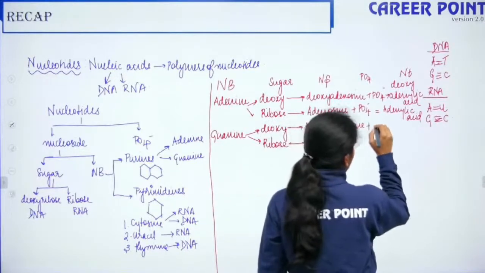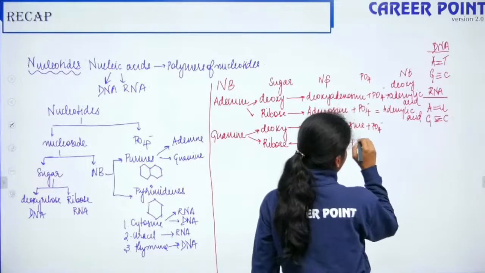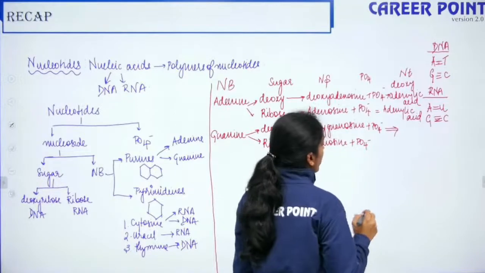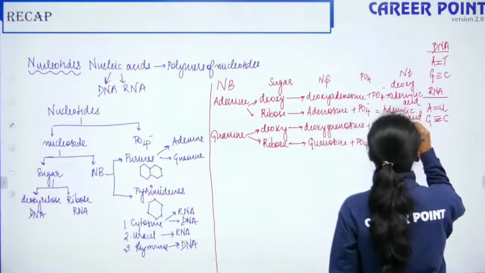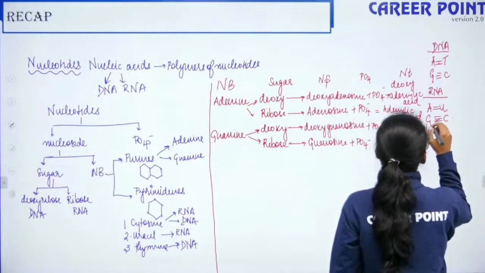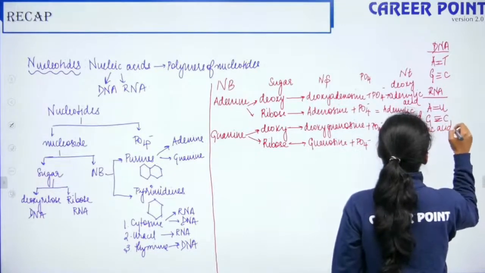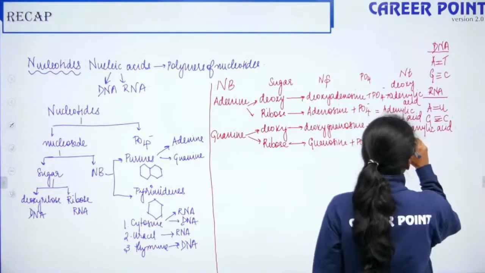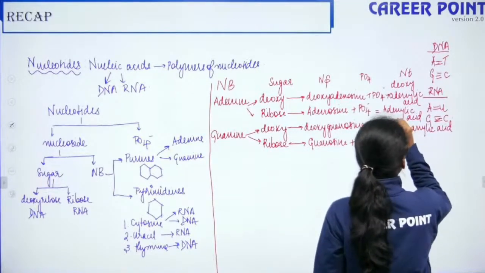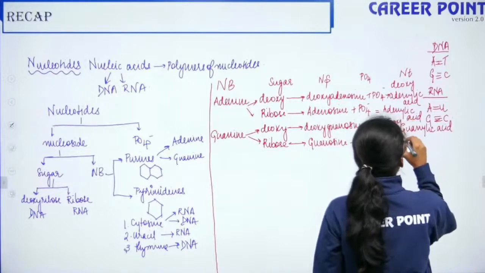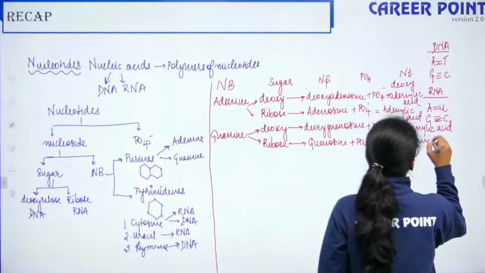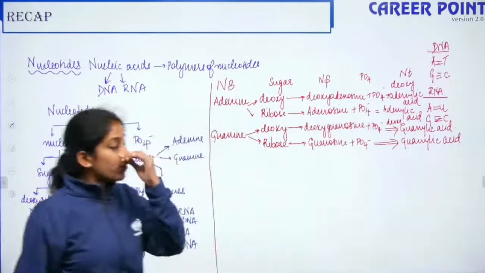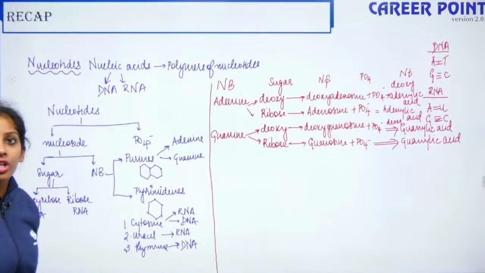Now when I combine it with the phosphate group, what do we get? We get guanylic acid. So here it is deoxyguanylic acid, and here it is simply guanylic acid. Understood? So now you know which is a nucleoside and which is a nucleotide.